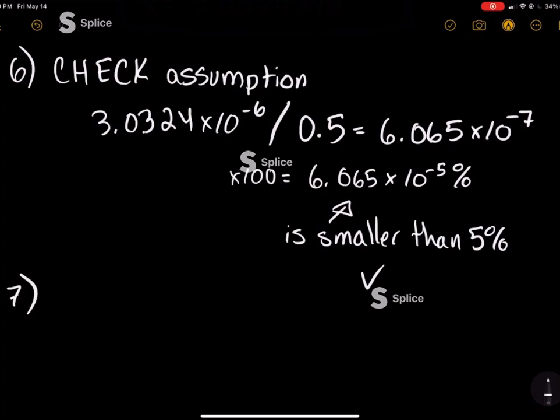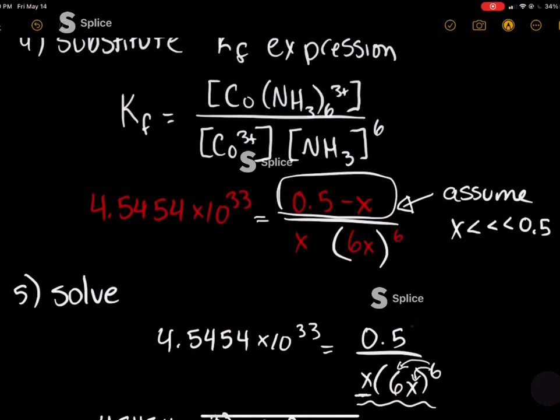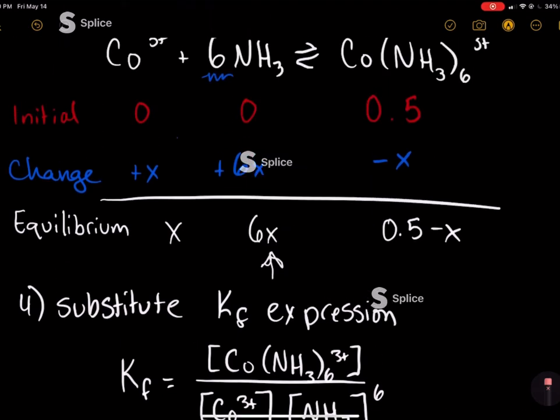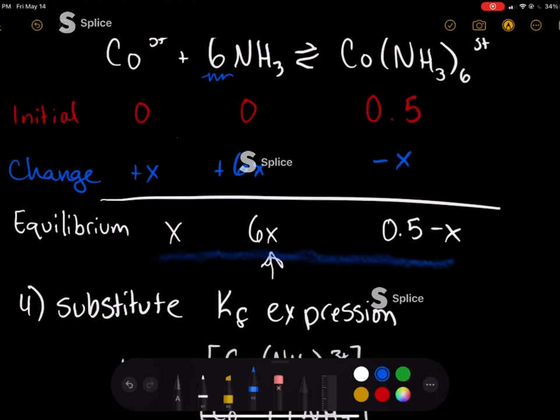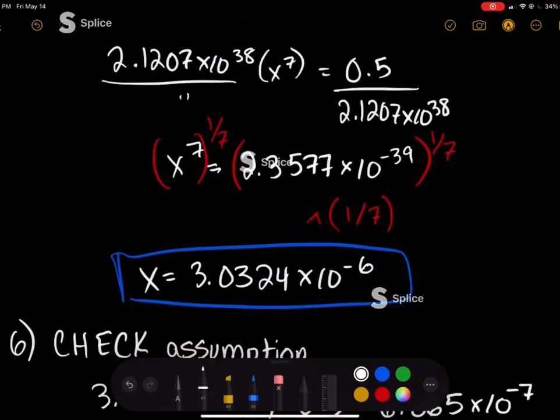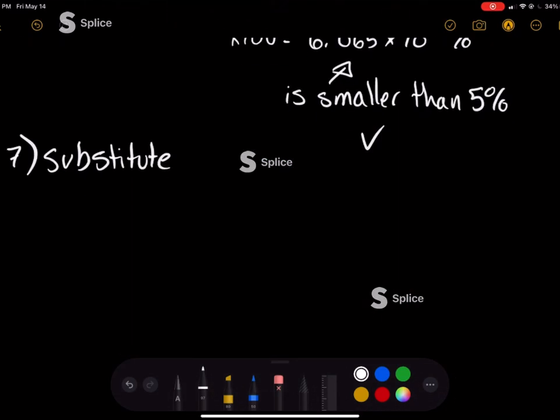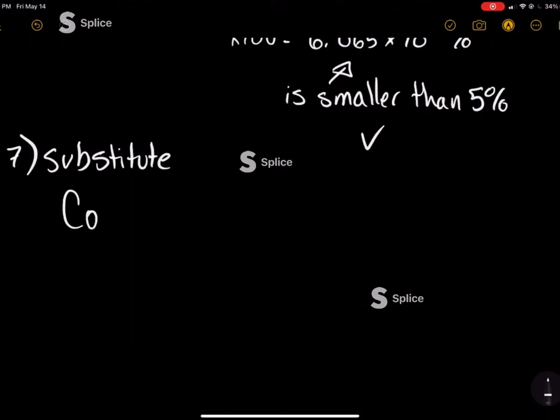Step 7, what we need to do is substitute it back into the original ICE table equations. So what we have up here, these ones right here. We were told to find Co3+.